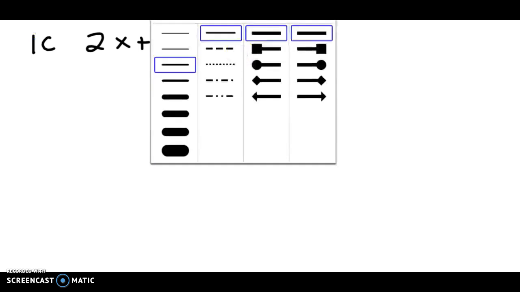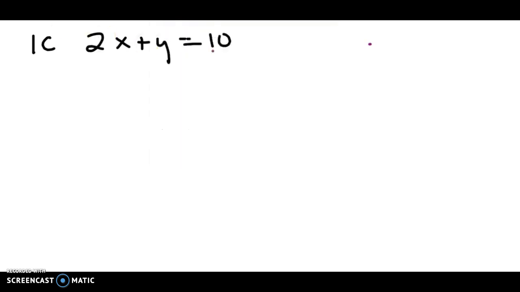Example 1, part C, gives us the equation 2x plus y equals 10. That should be our indicator right there. That's the giveaway, that constant value 10 in our equation. If we solve this for y, subtracting 2x from both sides, we see that y is negative 2x plus 10.